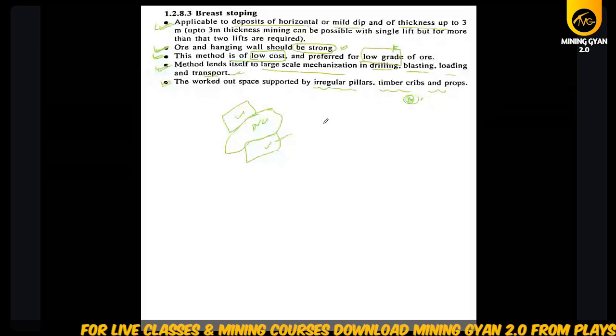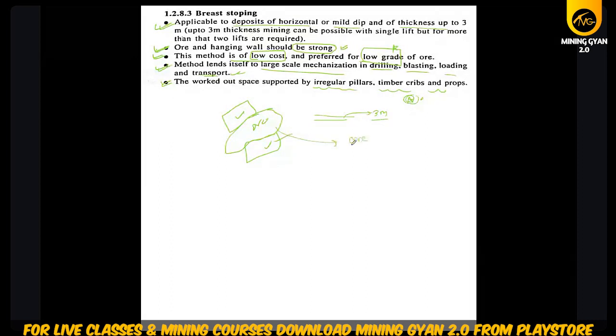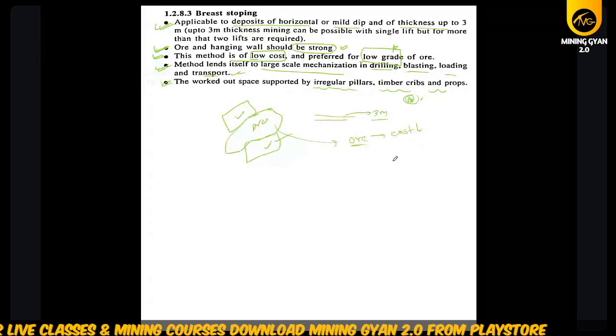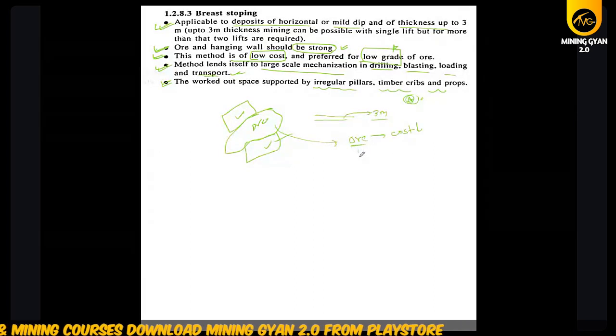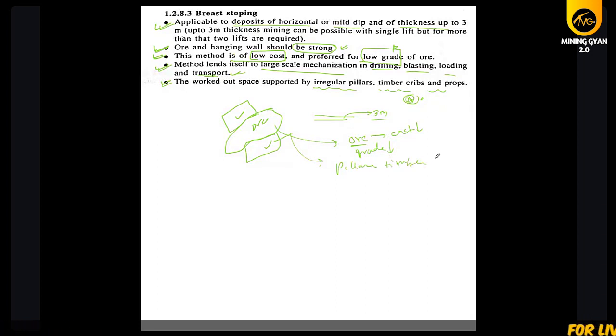Then the deposit should be horizontal to mild dip, the thickness up to 3 meters, and the cost and grade will be low. It also helps with the pillar, timber and props. Okay, these are the 4 to 5 points.